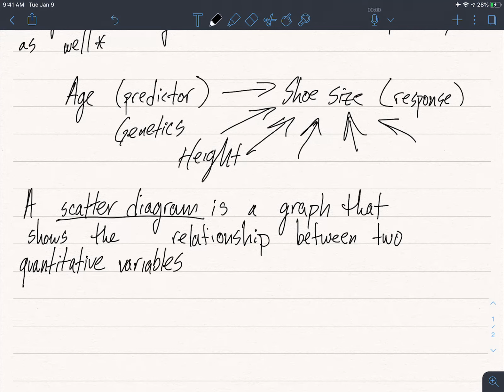Can't graph categorical variables in a scatter diagram. They have to be quantitative.